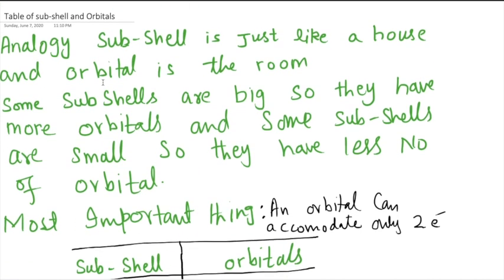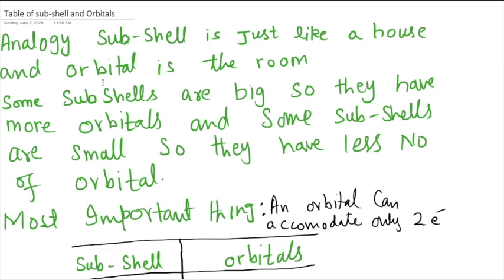Now, subshell and orbitals. Subshell is just like a house, and orbital is just like a room. Some subshells are big, so they have more orbitals, and some subshells are small, so they have fewer orbitals.